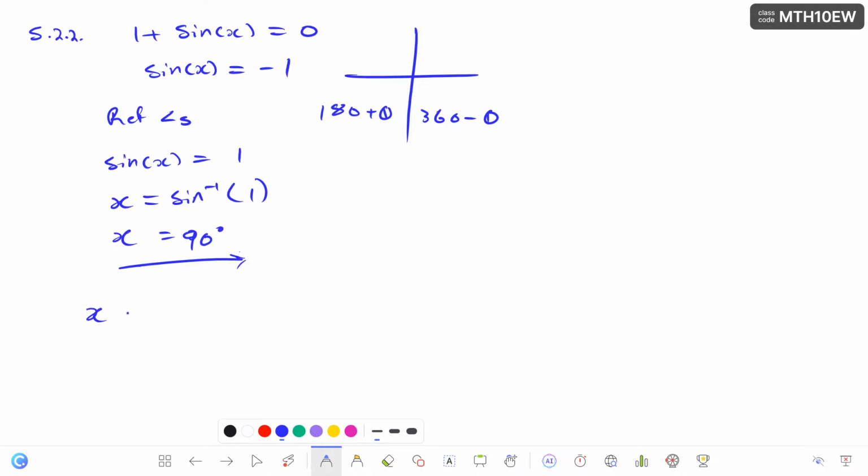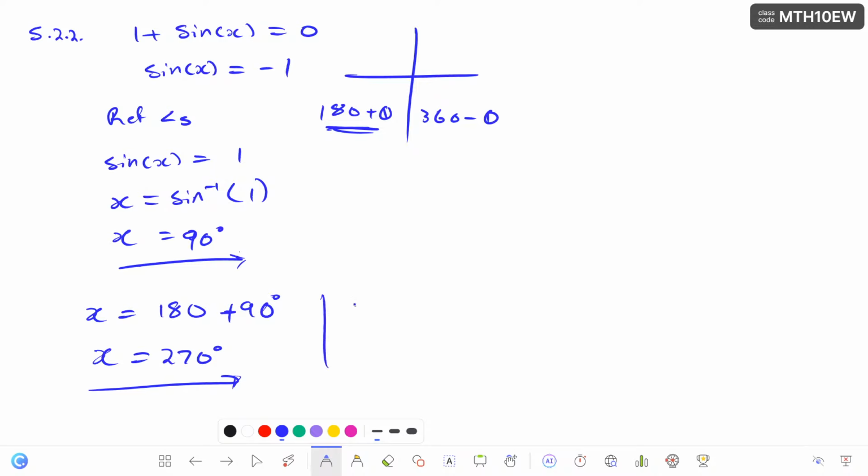So we need those values. So x is equal to 180 minus this 90. No, not minus, plus, because here the thing is 180 plus theta. So it's going to be plus. Sorry about that. So if we add this one, we're going to get 270 degrees. So let's check the other one.